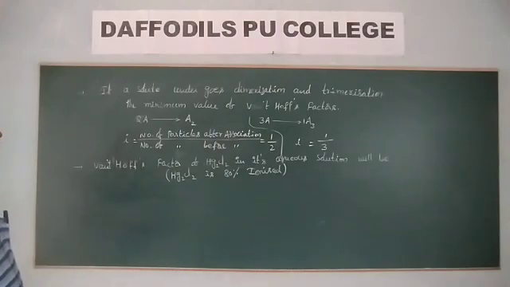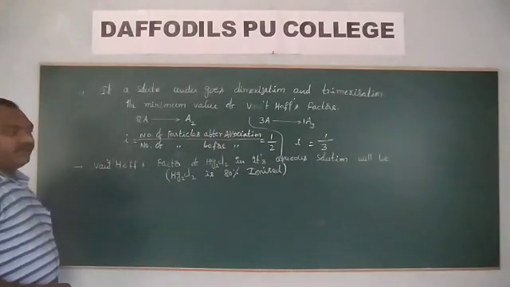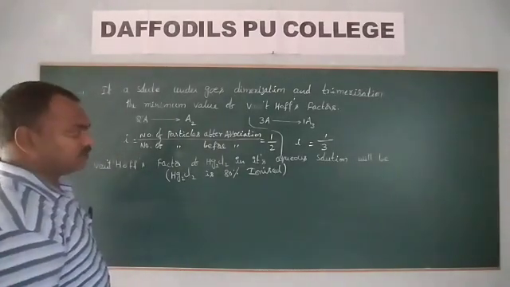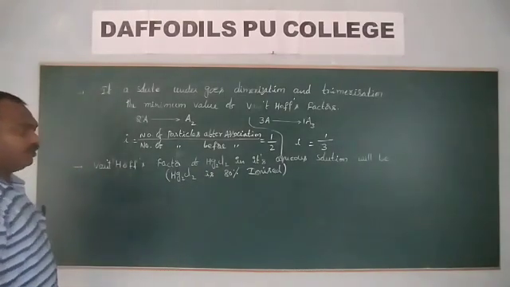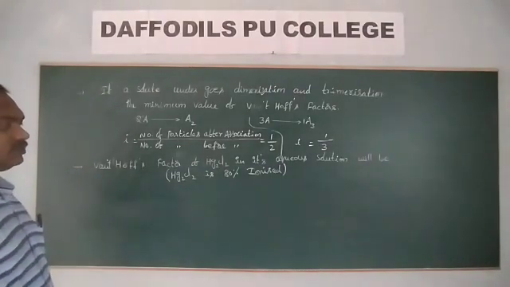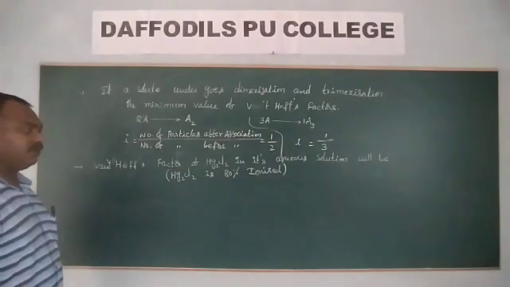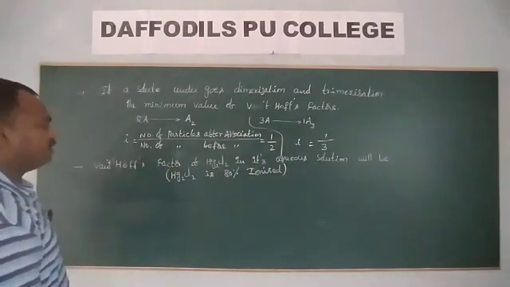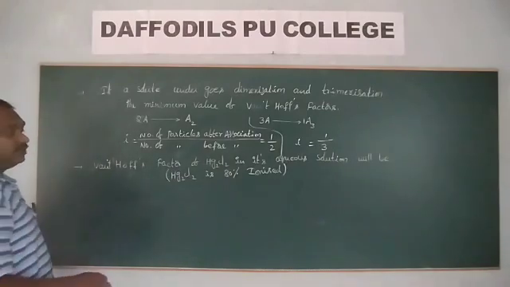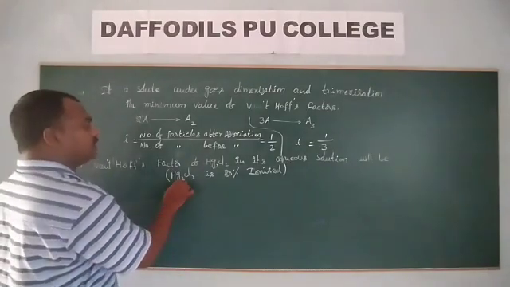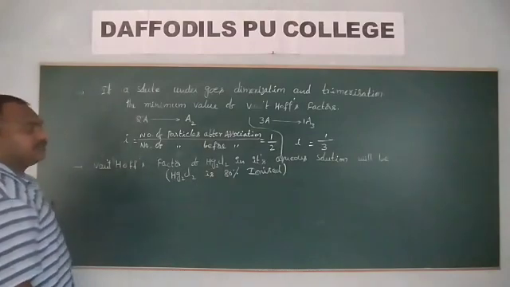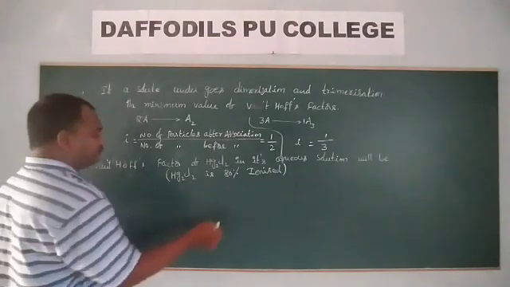Now what about this one? Van't Hoff factor of Hg2Cl2 in its aqueous solution. They are asking for the Van't Hoff factor of Hg2Cl2 when it is undergoing 80% ionization.